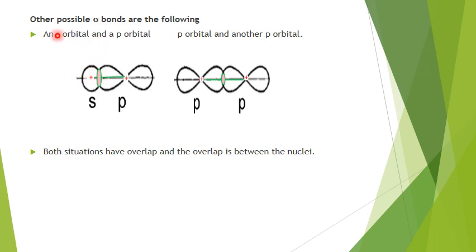So you can have an sp sigma overlap, and also a pp sigma overlap, where the overlap is between the two protons. Most situations have overlaps between the nuclei. So that's what makes up a sigma bond: an overlap between nuclei, or between protons.